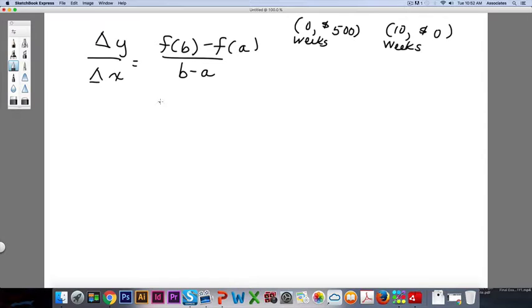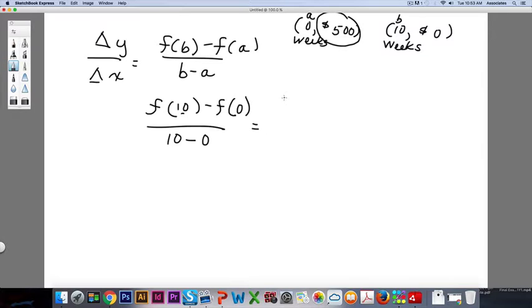All right, so here I'm going to go. F of, here is A, here is B. All right, so I'm going to go F of 10 minus F of 0 over B is 10 minus 0. So what's the function at 10? The function at 10 is y value, so it will be 500 minus the function at 0.